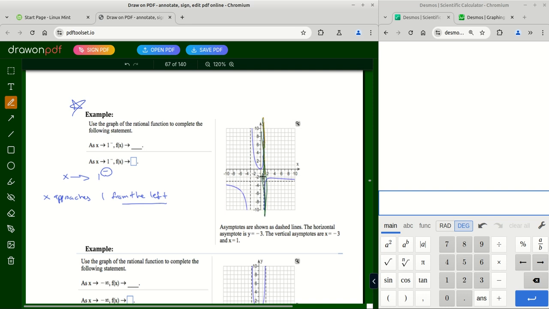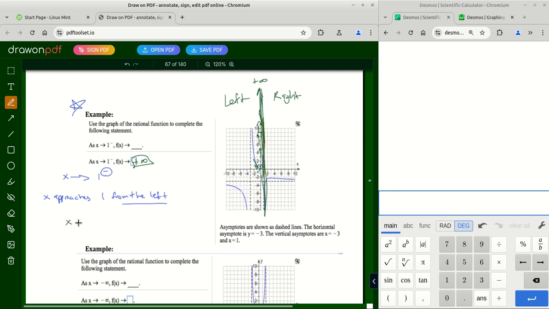So this is 1 right here. I'm on the left side of it, and I want to get really close. I know I drew all over it, but I want to be on the left side, and I want to follow the graph. If you look back at the original, it went back up this way, and so it goes up to positive infinity. That's your answer, positive infinity. You're done. That's the entirety of it.